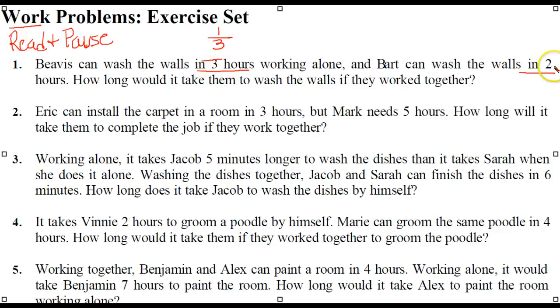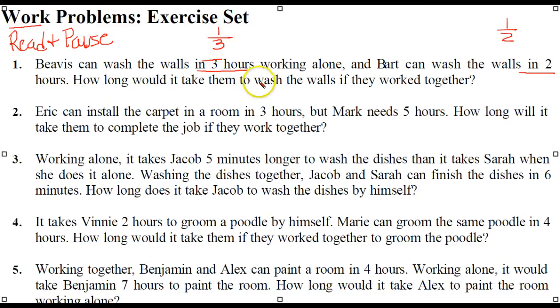And Bart, it takes 2 hours for the job. His rate is 1/2. In 1 hour, he can get half of it done. Here, Beavis can get 1/3 of the whole job done in 1 hour.